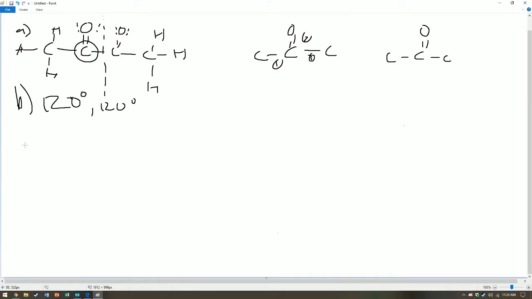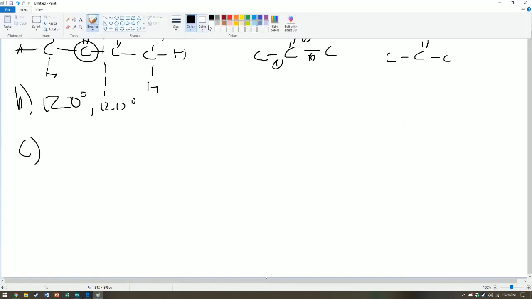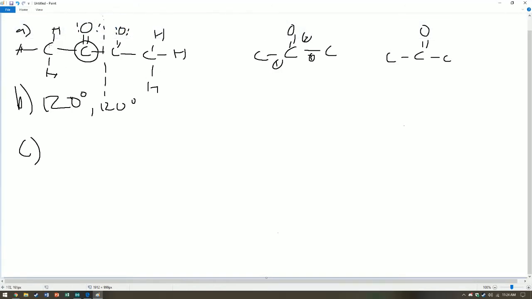For part C, we give the hybridizations of each carbon atom in the compound. Let me use a different color here. Let's use red. So there are 1, 2, 3, 4 domains. 4 minus 1 is 3, so this is sp3. This is 1, 2, 3 domains. 3 minus 1 is 2, so this is sp2 hybridized. 1, 2, 3, so sp2 hybridized.